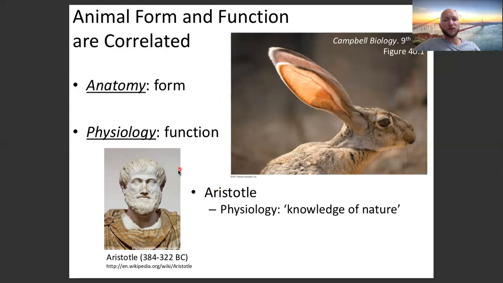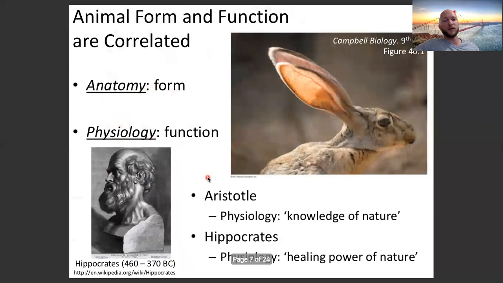So let's start off with Aristotle. Aristotle was the first Greek to talk about physiology, and he described it as the knowledge of nature. So physiology is the knowledge of nature, Aristotle.